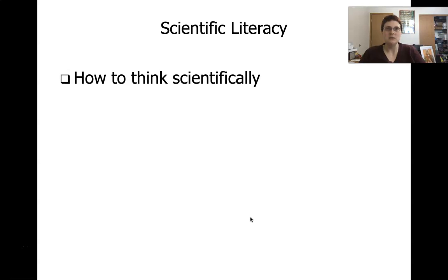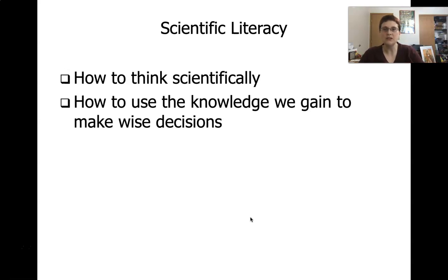So in that case with the cereal, it may be something like vitamins. We know that we need vitamins for our immune system. So are the vitamins there? You can do a little research. So that's the thing: you can start thinking scientifically, figuring out where to find that information, and then how to use the knowledge that we gain to make wise decisions.